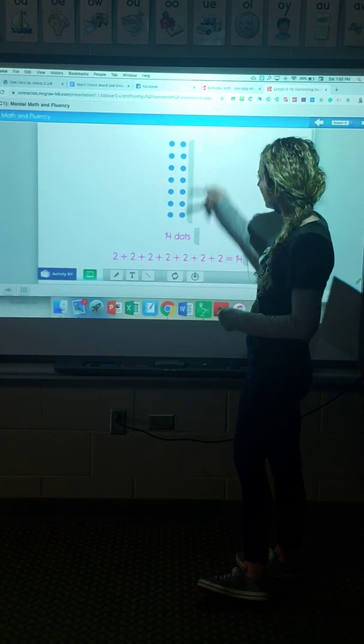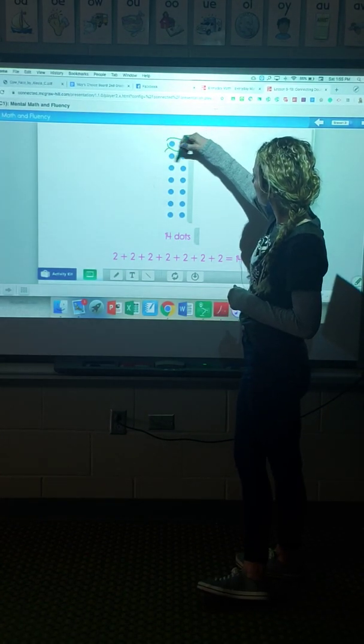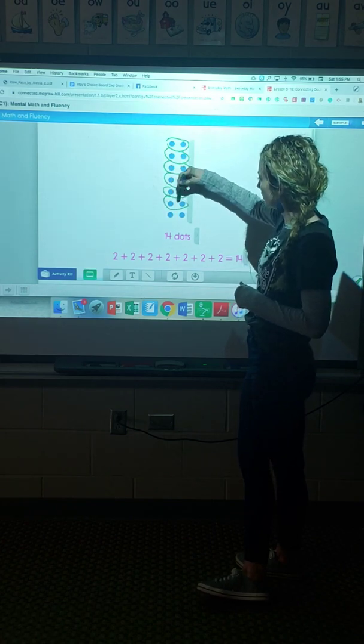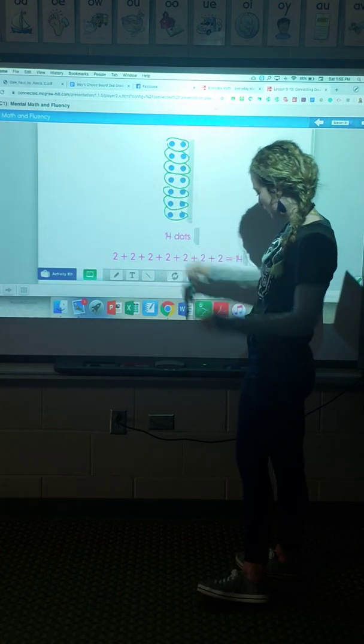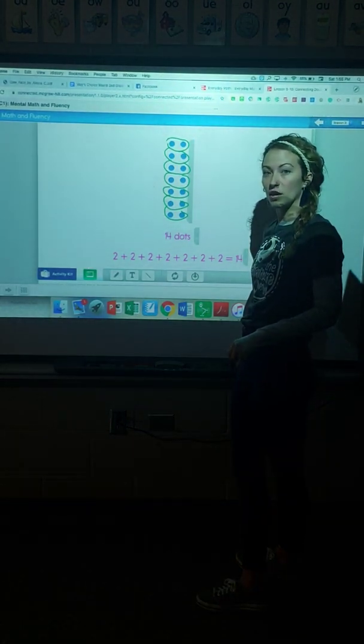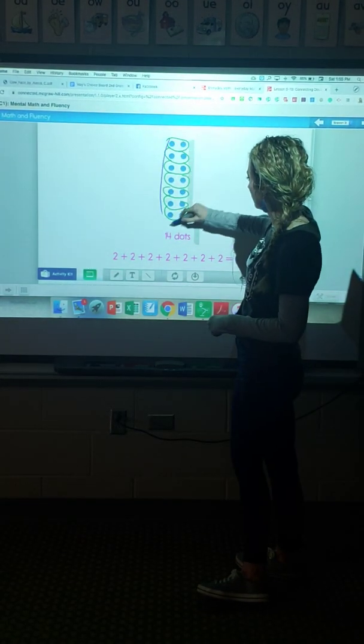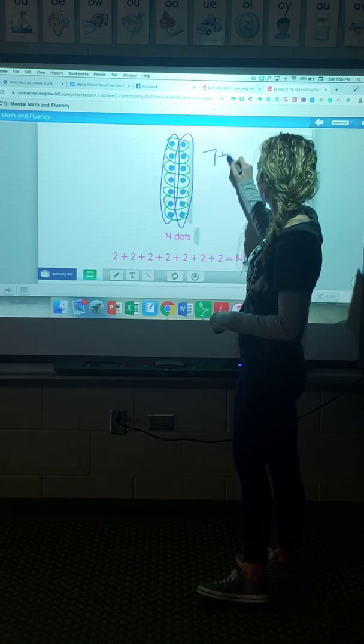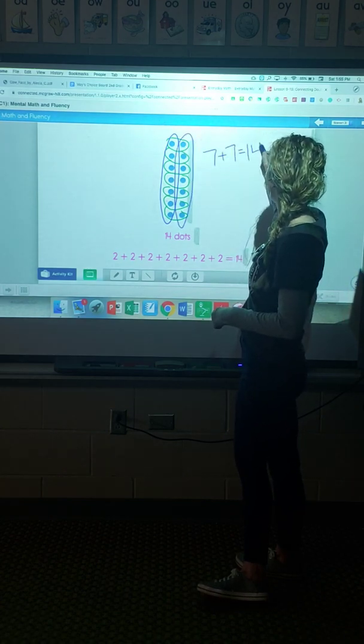Okay, so they did 2 plus 2 plus 2 plus 2 plus 2 plus 2 plus 2. So our number model that we could do is 7 plus 7. And we know that that equals 14 as well.